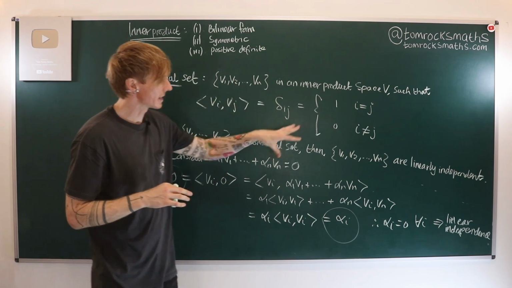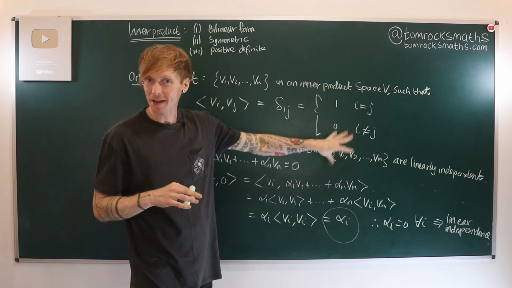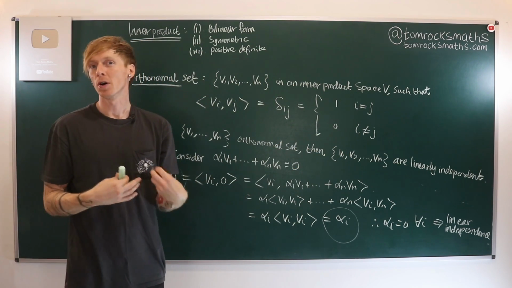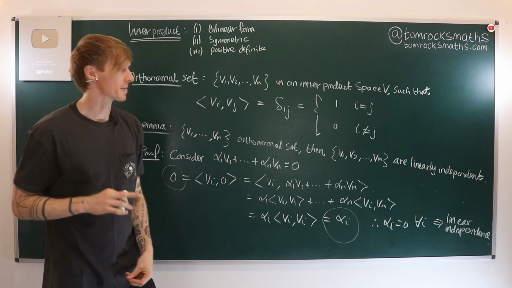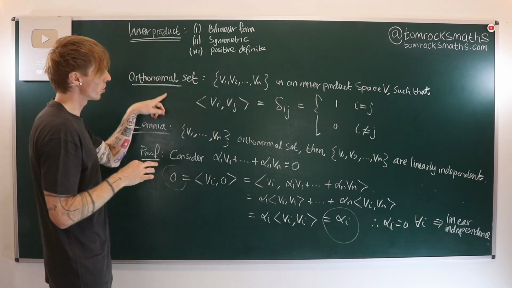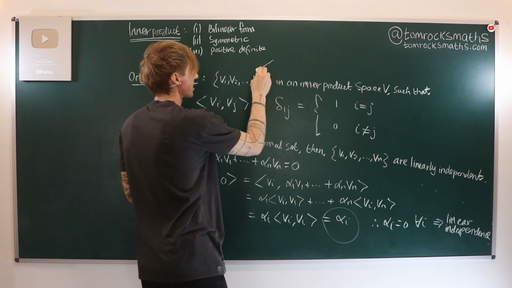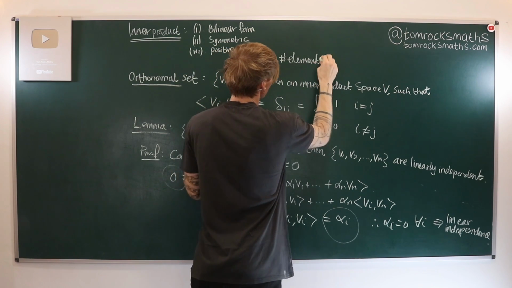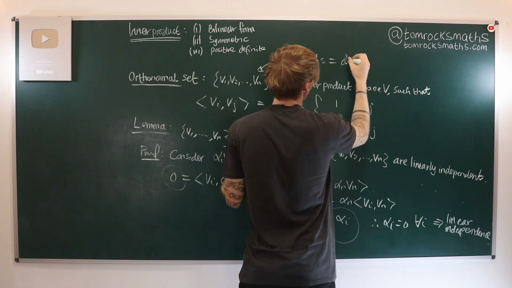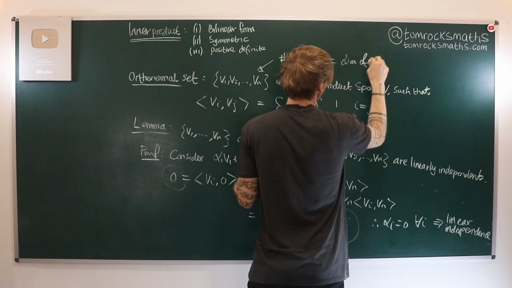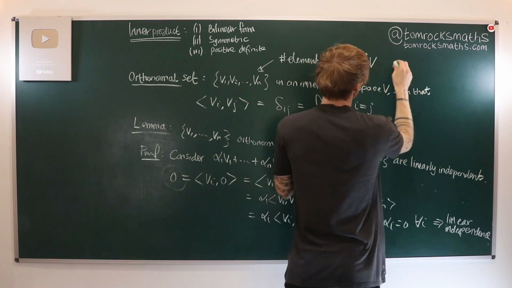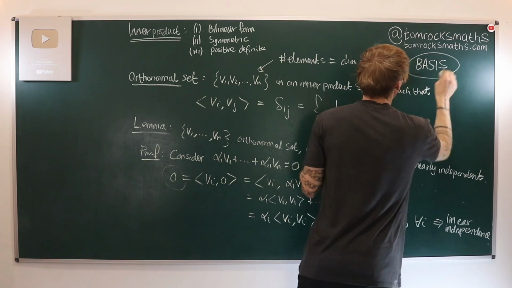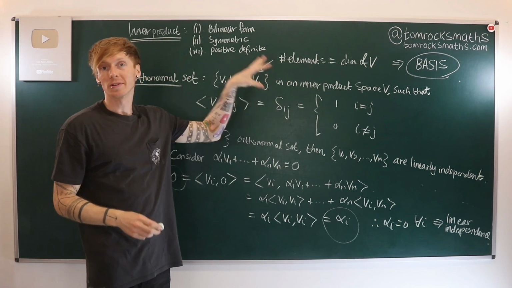So any linearly independent set with the same dimension as the whole space will in fact be spanning and therefore will in fact be a basis. So what this means here is that if we have an orthonormal set which has the number of elements equal to the dimension of our inner product space V, then this allows us to conclude that this is indeed going to be a basis of our inner product space.